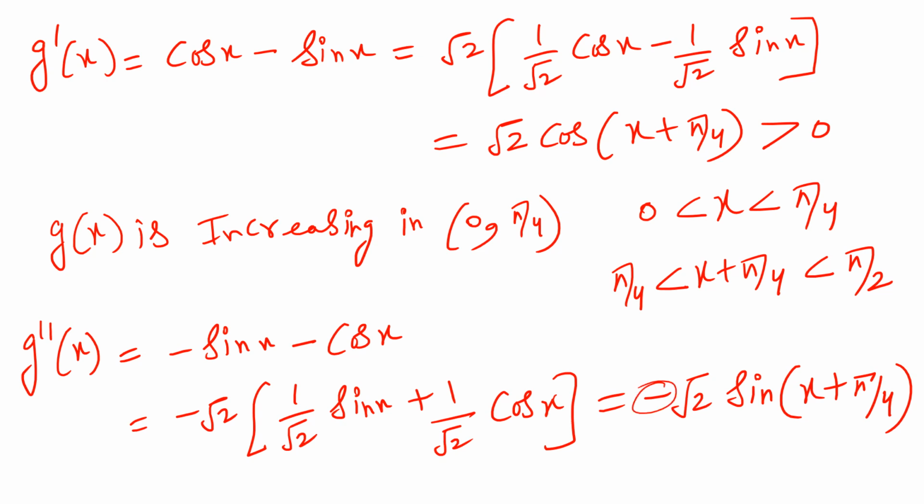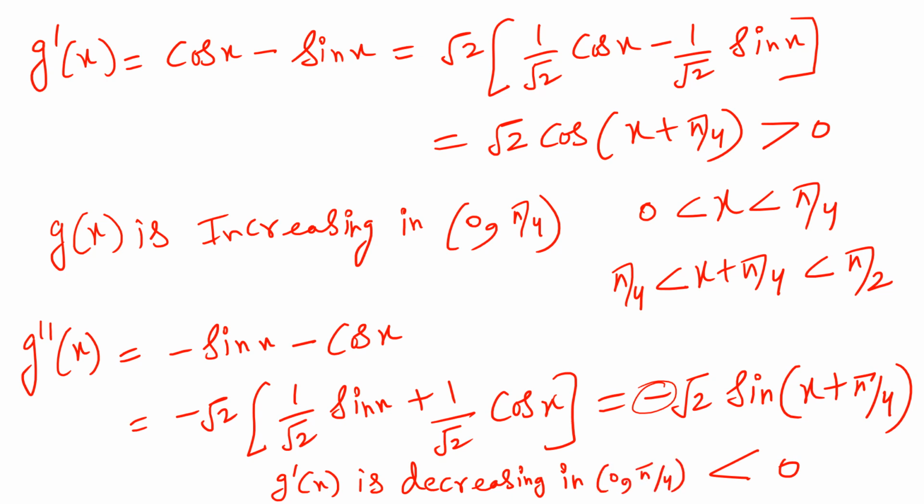But due to this minus sign, this expression will become less than 0. So that means g double dash x is negative. And if g double dash x is negative, then I can say that g dash x is decreasing in open interval 0 to pi by 4. So that means option B is also incorrect.